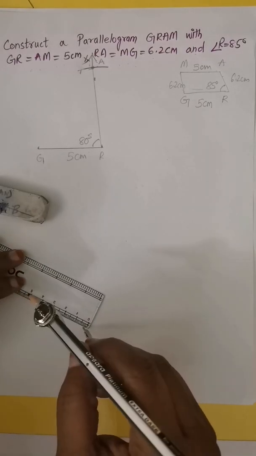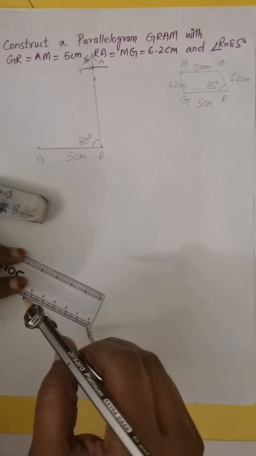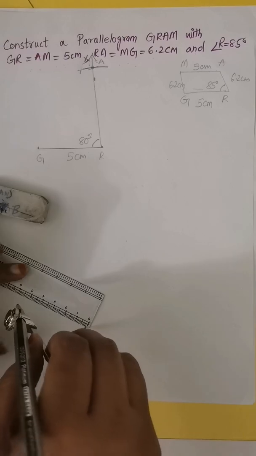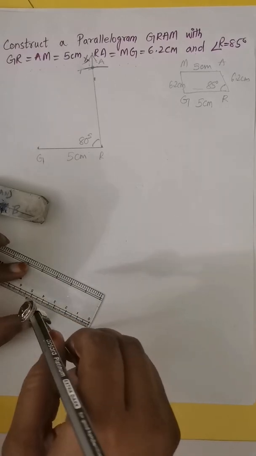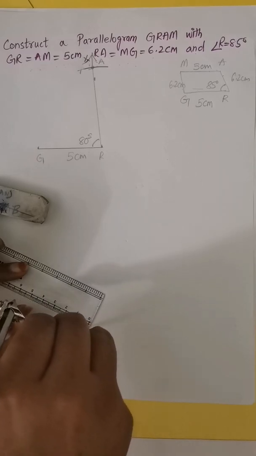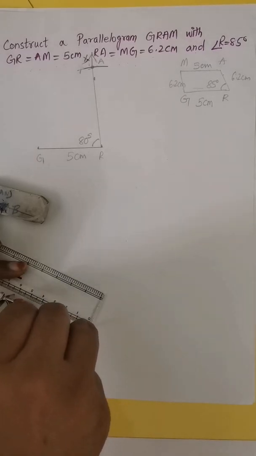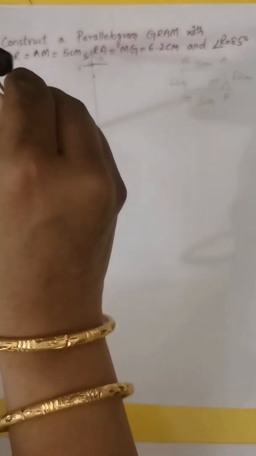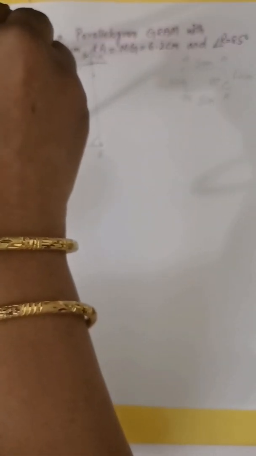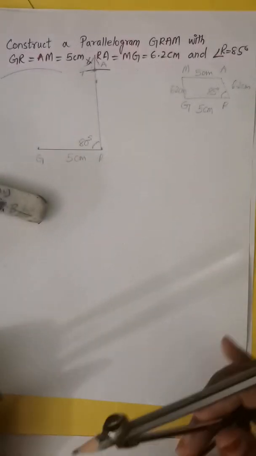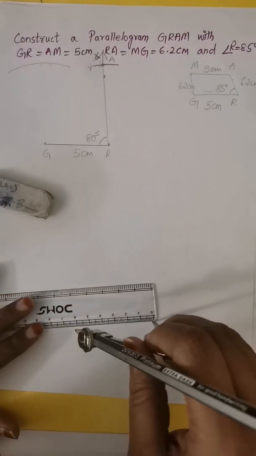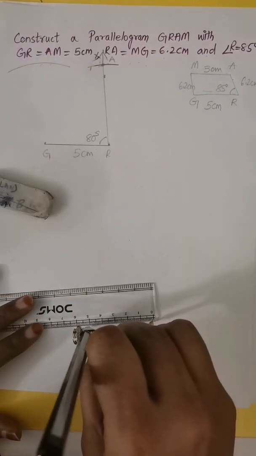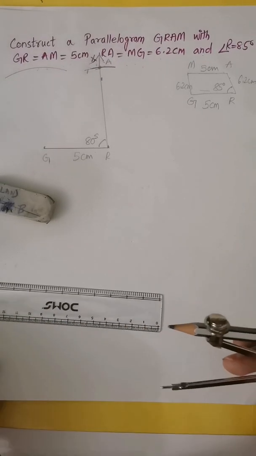Right, children? Now GM is how much? 6.2. We cannot just simply use a scale to draw the line. In construction, you have to use a compass, children. You have to open it till 6.2. With G as center and radius 6.2, draw an arc. Then with A as center and radius 5 centimeter, take the measurement properly on the scale.